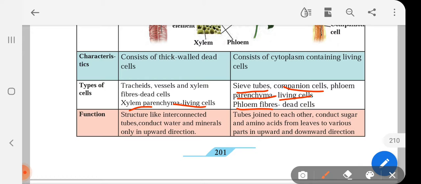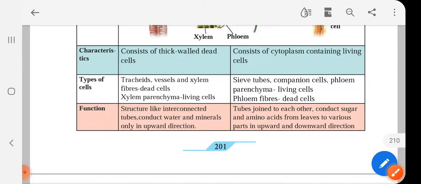The function of xylem: interconnected tubes conduct water and minerals only in upward direction. Phloem tubes joined to each other conduct sugar and amino acids from leaves to various parts in upward and downward direction. So these are the functions of xylem and phloem, a very important part.